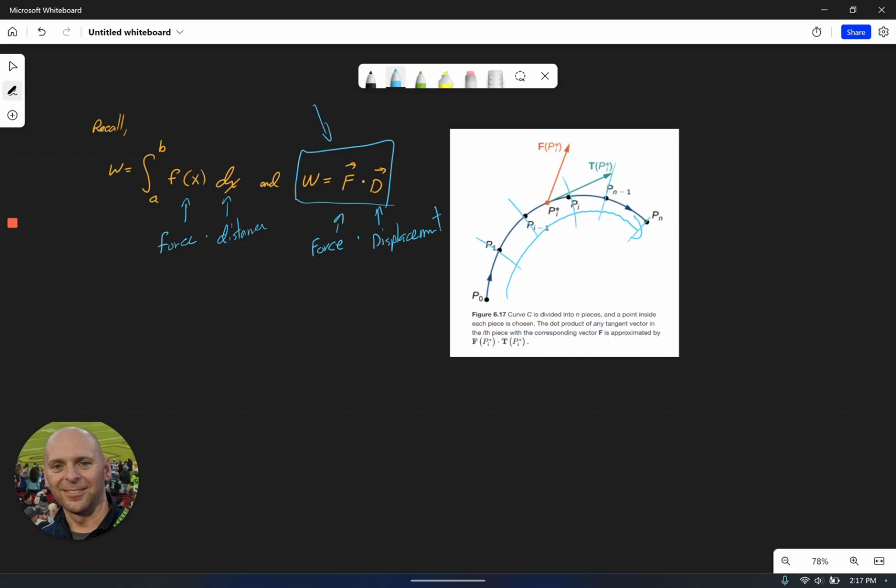You can see that's kind of been done here a little bit. And then we'll try and approximate how much work is being done on each one of those subintervals. From there, we can add up all those approximations and get ourselves a pretty good understanding for how much work is being done.